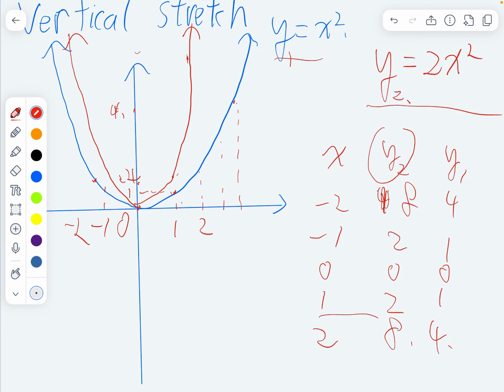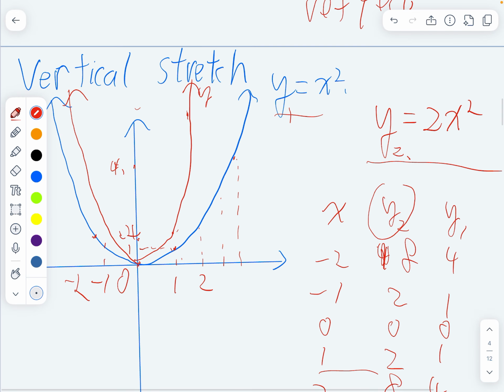You can see that y equals 2x squared is stretched compared to y equals x squared. So this is what we call the vertical stretch. It means the y values increase faster and more quickly.